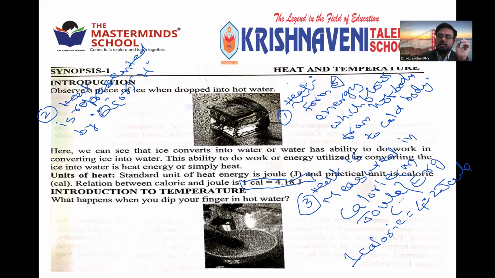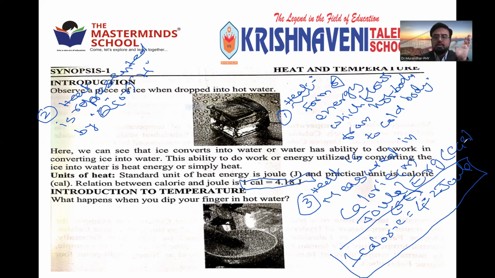Joule is generally in the SI system and erg is in the CGS system. There is a relation between calorie and joule: 1 calorie is equal to 4.2 or 4.18 joule. Hope you have written the 3 points.